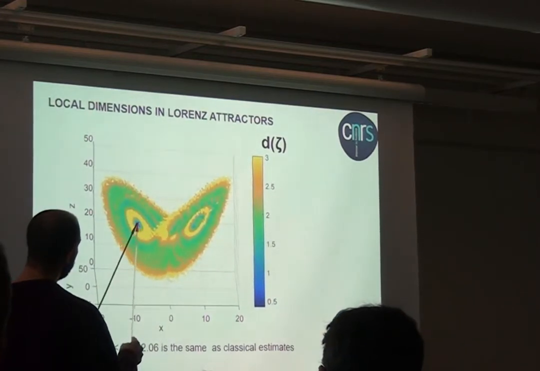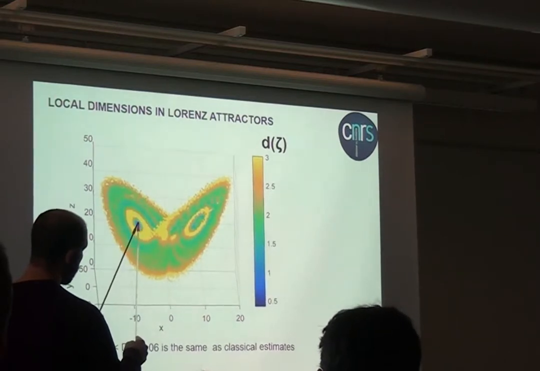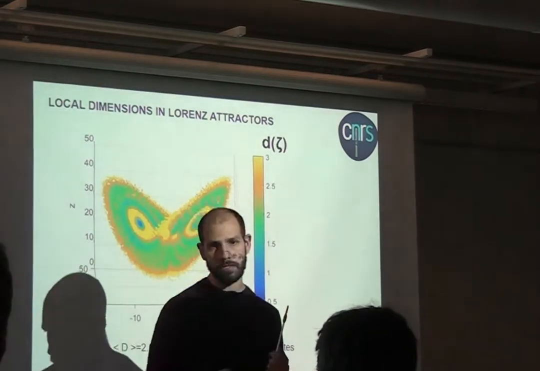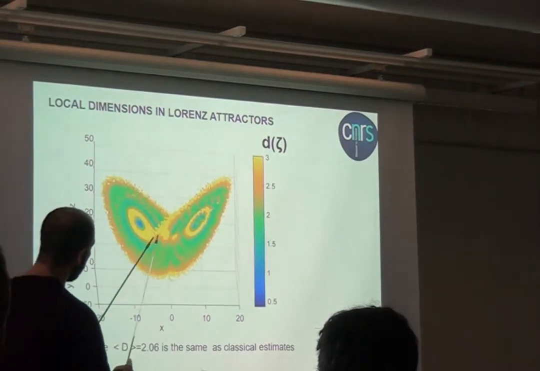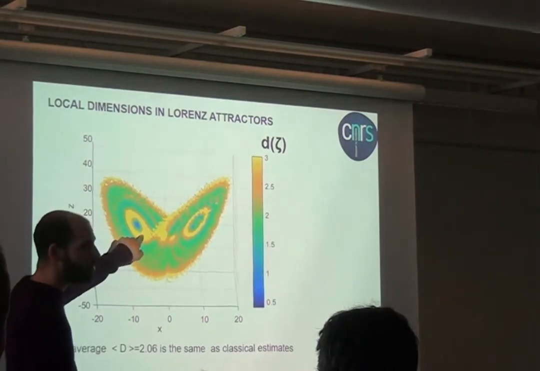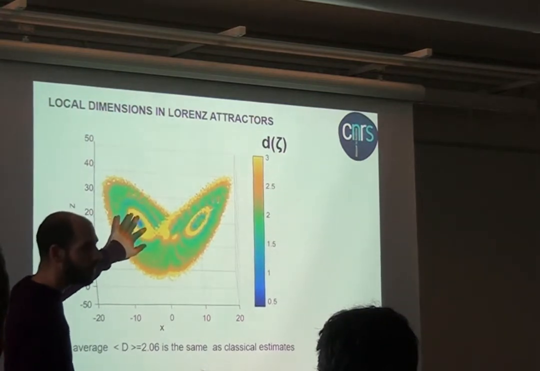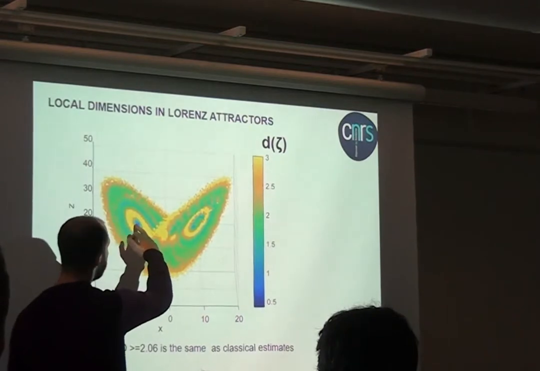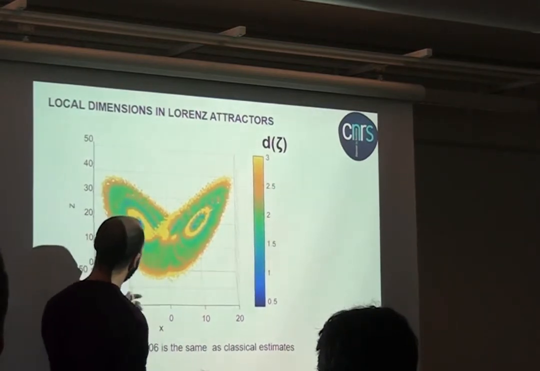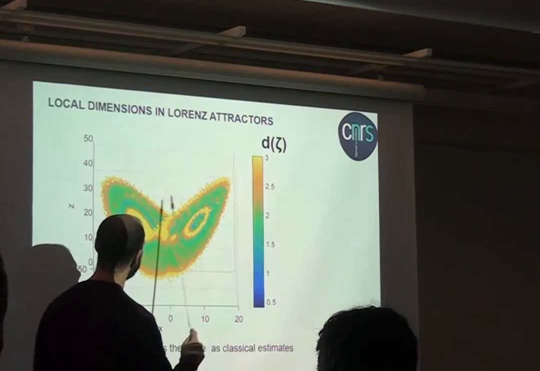It is low dimensional because I'm at an unstable fixed point, so I'm trapped following very low dimensional dynamics. And there is this very nice region I wasn't aware of, which I discovered doing this analysis, in between the unstable fixed point and the chaotic dynamics of the wings.